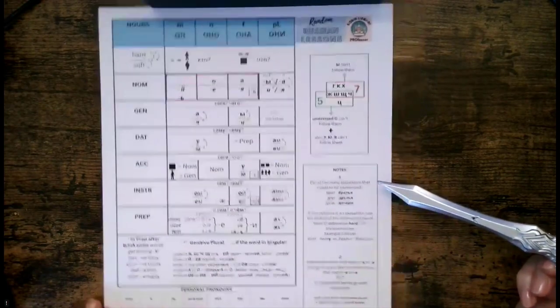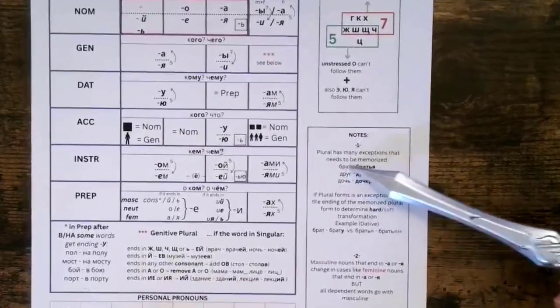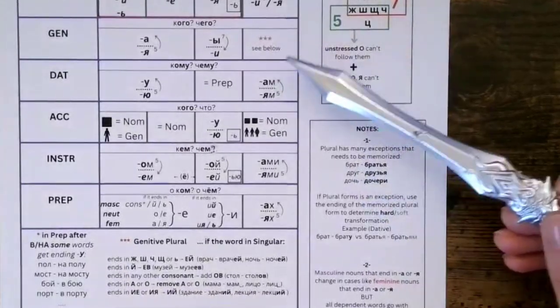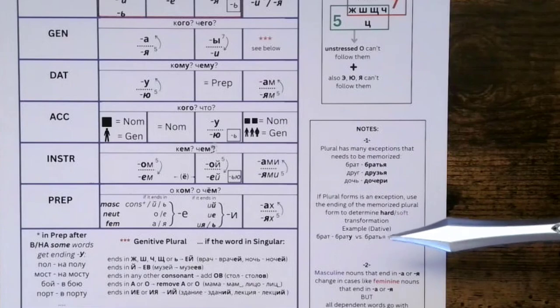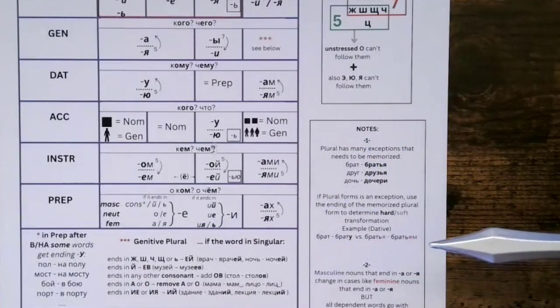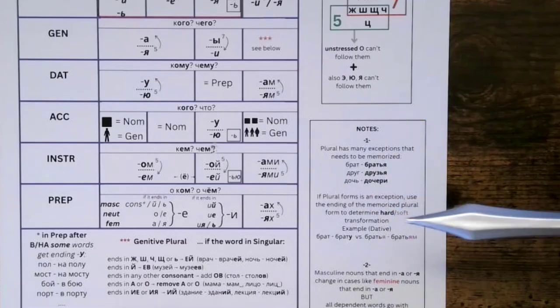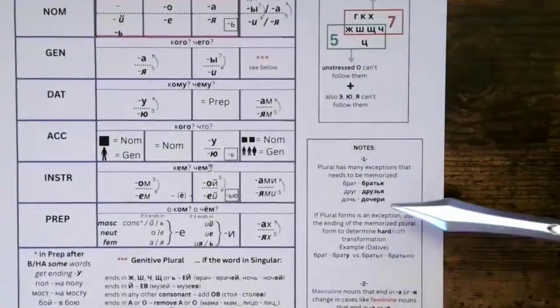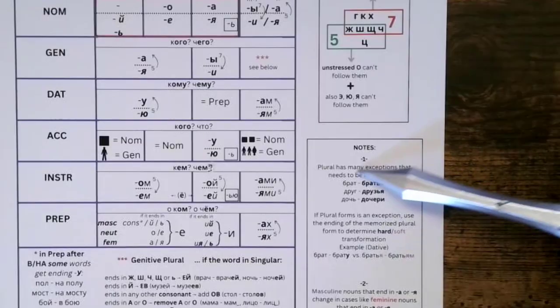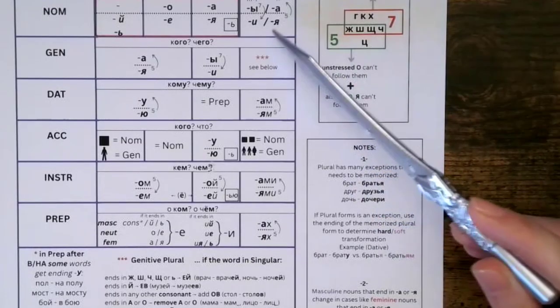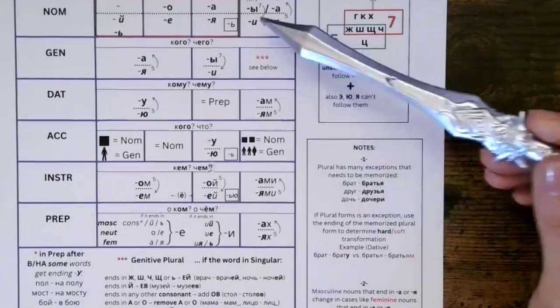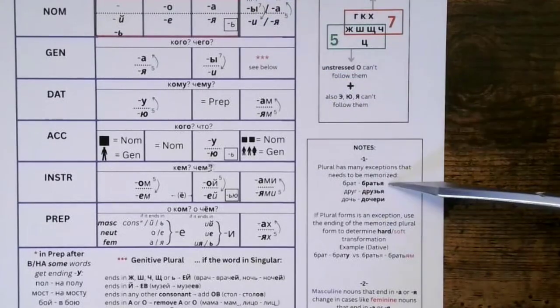A quick note about this plural. Plural has many exceptions, and genitive plural also has a lot of exceptions. So sometimes you just have to look up the words online or in the dictionary or in the charts with the word forms. But if you have already an exception right here, for instance, брат doesn't change to браты, it changes to братья.